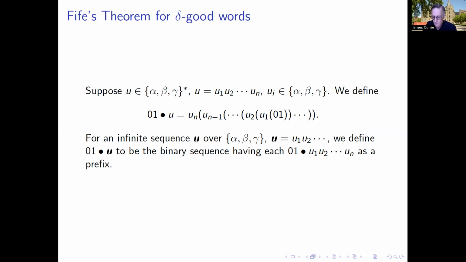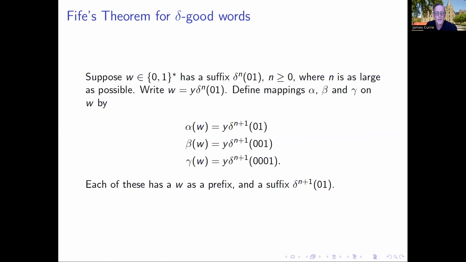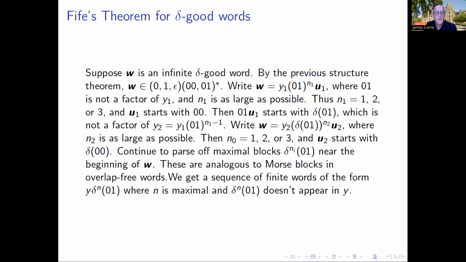And if we go back a couple of slides, if I have any infinite delta good word, then it's actually created by a sequence of alphas, betas, and gammas, because n1 has to be 0, 1, or 2, n2 has to be 0, 1, or 2, and so on.